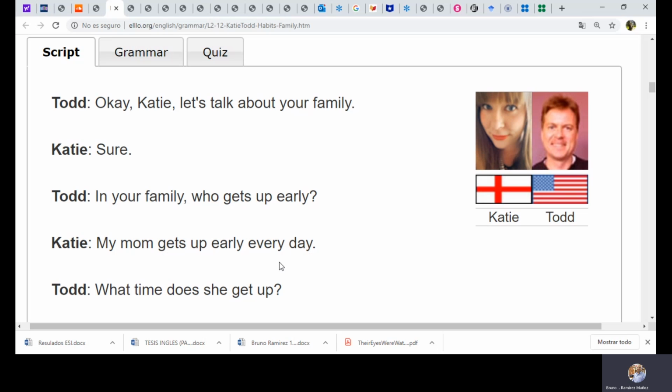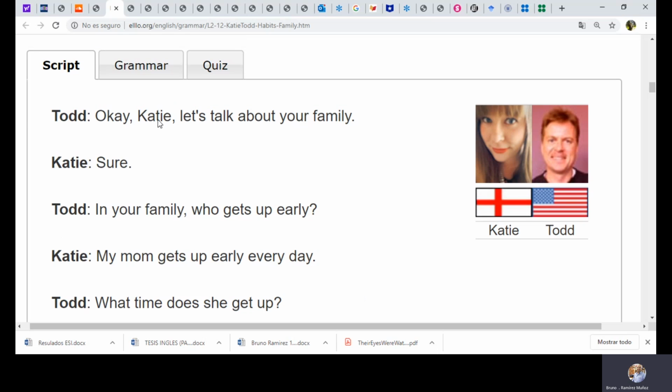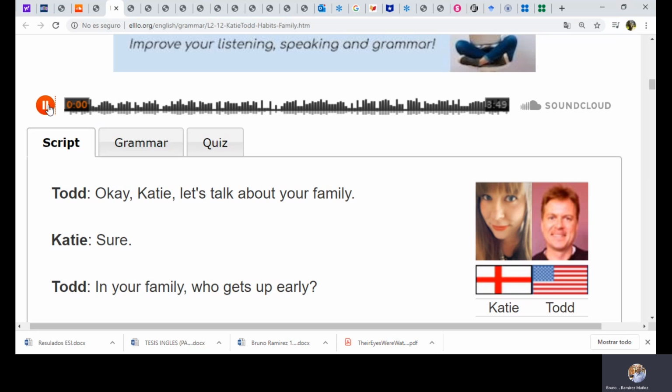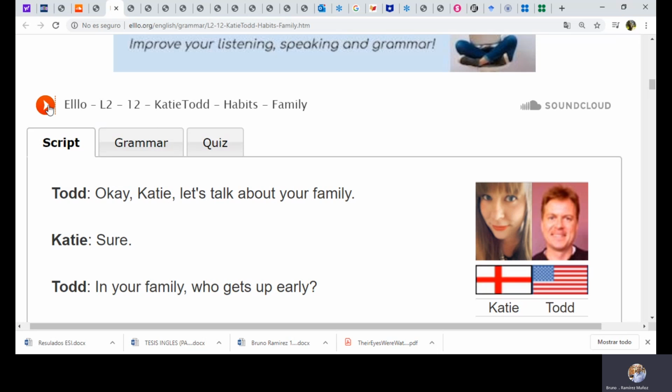Then you are expected to listen to the dialogue, pause it, and repeat the dialogue, right? So the idea is to repeat again. Okay, Katie, let's talk about your family. Sure. Okay, Katie, let's talk about your family. So you try to imitate the sounds, also the intonation as a game, right?